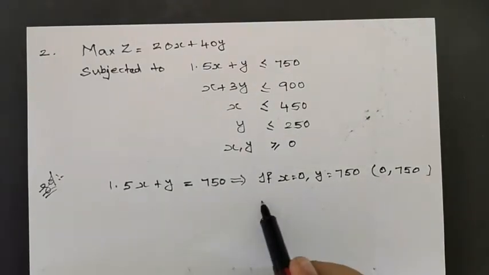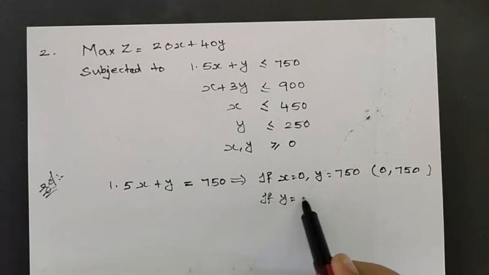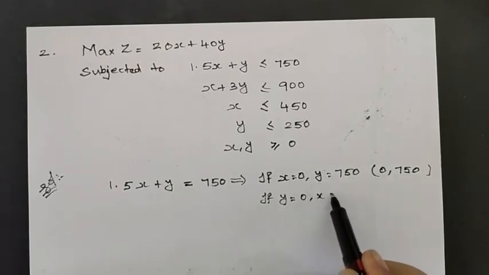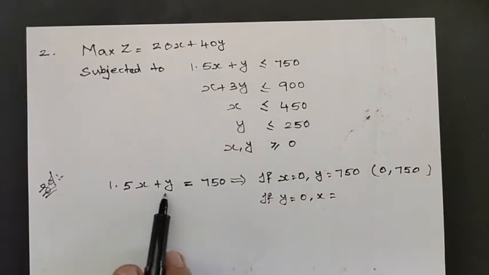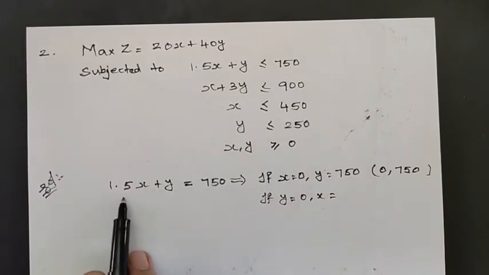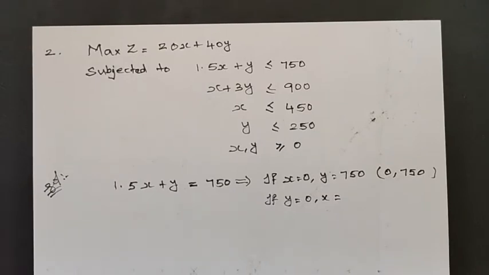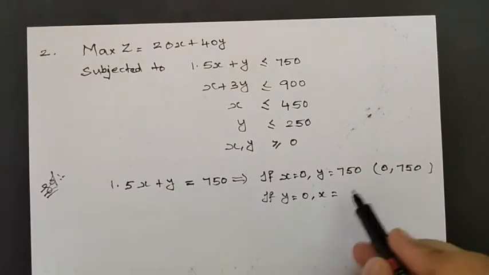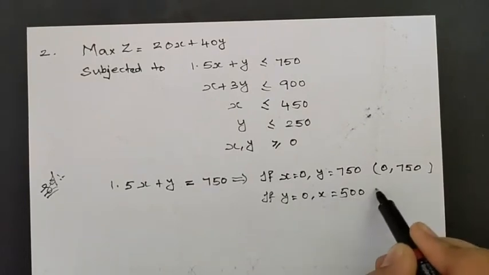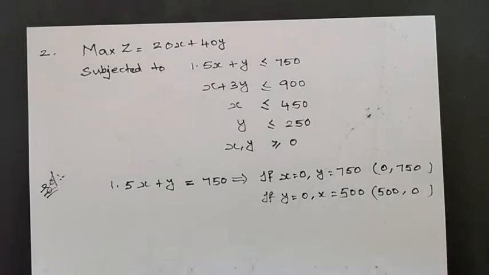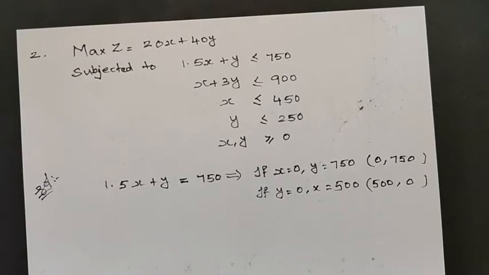Next, if y is equal to 0, then 1.5x is equal to 750, so x is 750 divided by 1.5, which is 500. So the vertex is x value 500 and y value 0. That is the first constraint.